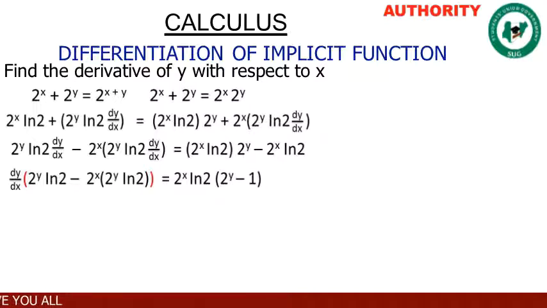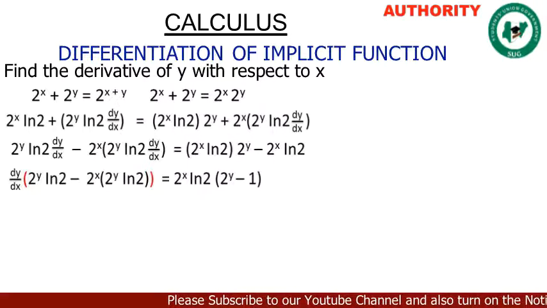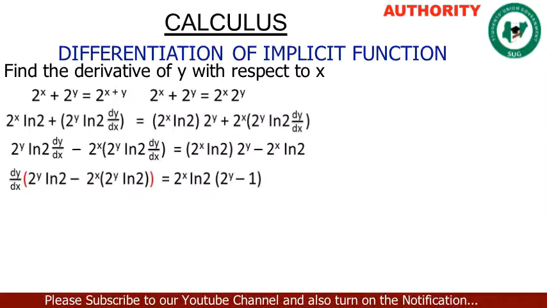In factoring it out, we are going to have (2 raised to power y minus 1) remaining. Let's put 2 raised to power y minus 1 in bracket so that when you multiply 2 raised to power x ln 2 times 2 raised to power y, it gives you the above, and when you multiply 2 raised to power x ln 2 times 1, it gives you the same, minus 2 raised to power x ln 2 above.